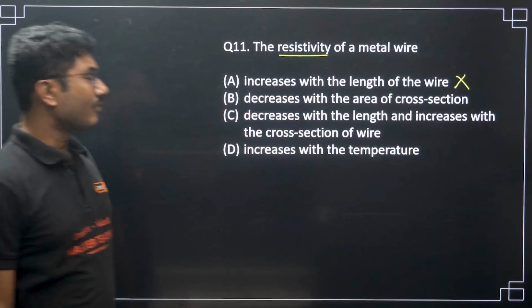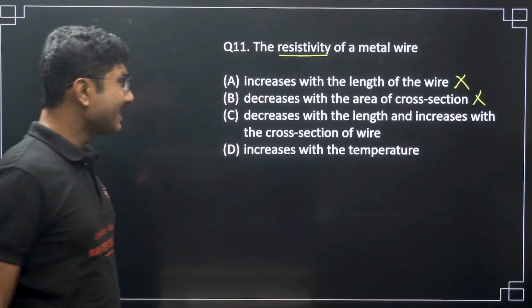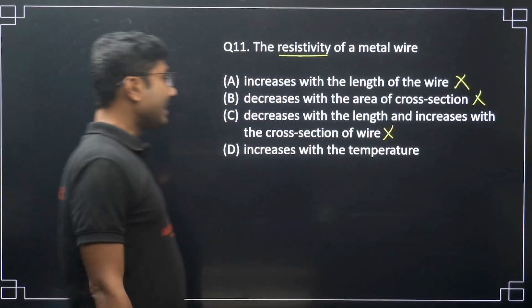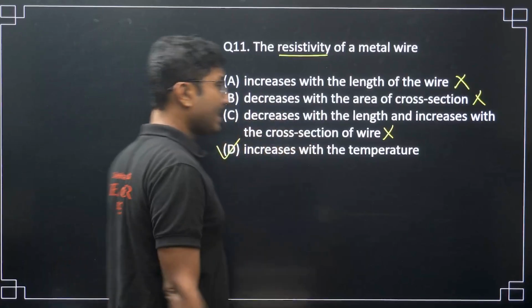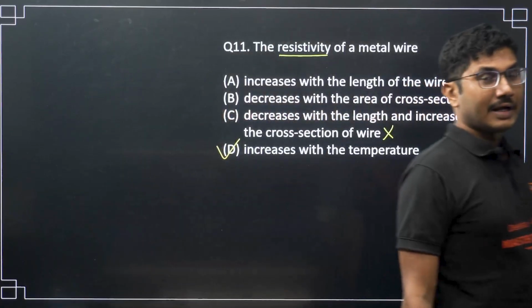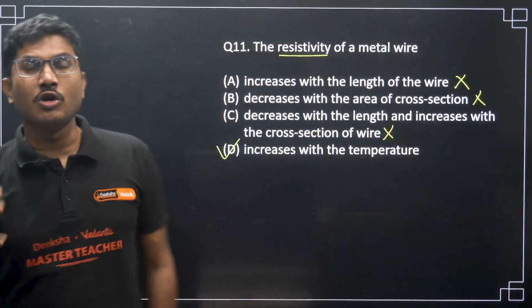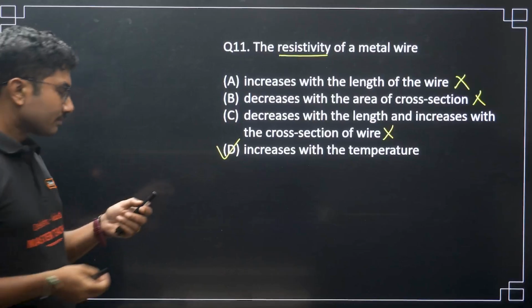Decreases with the area of cross section, again it does not depend on area. Decreases with the length and increases with the cross section of the wire, again this is wrong. Increases with the temperature, yes, resistivity does increase with the temperature. Resistance depends on the length and area, but resistivity depends only on two things: one is material, second is temperature.